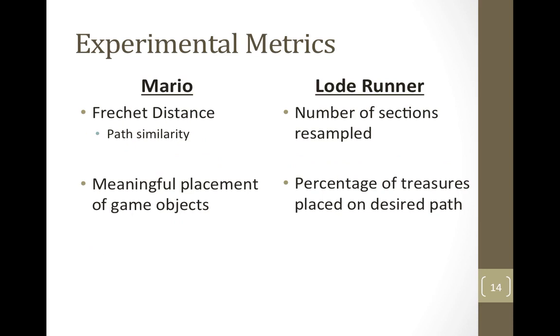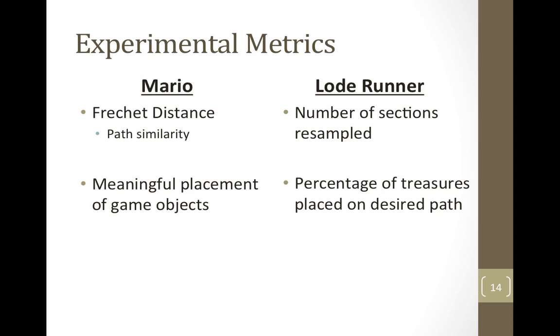In order to evaluate and compare the generated levels, for Mario, we used the Frazier Distance, which is basically a measure of path similarity, and we use this to compare the actual path through a level against the desired path provided in the path layer. And we also investigated whether objects in the game were placed meaningfully, and I'll get more into that once we get to the results.